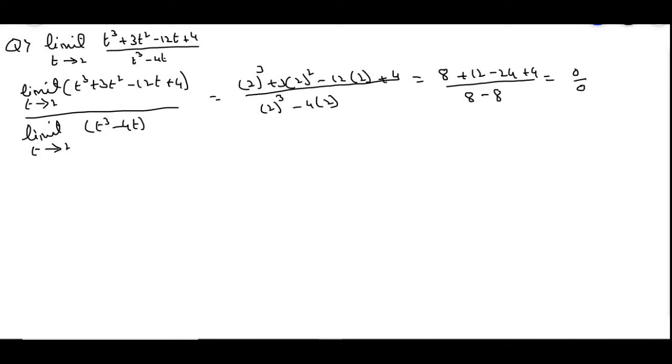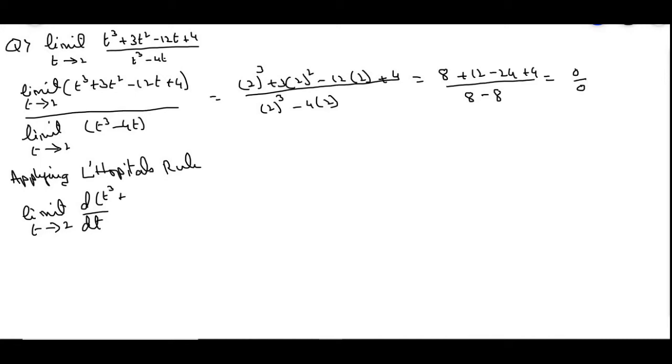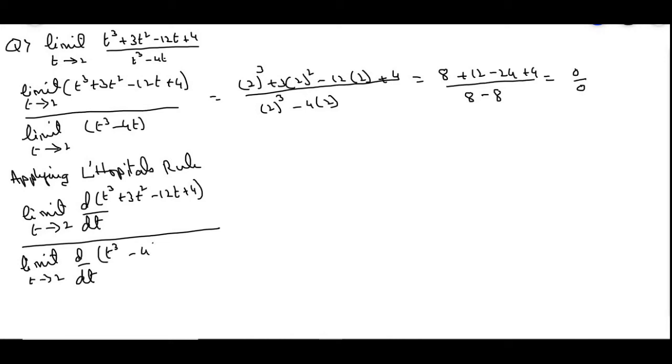So applying L'Hopital's rule, we have limit t approaches 2, d by dt, because we are differentiating with respect to t, which is the variable now, of t cube plus 3t square minus 12t plus 4, and limit t approaches 2, d by dt of t cube minus 4t.